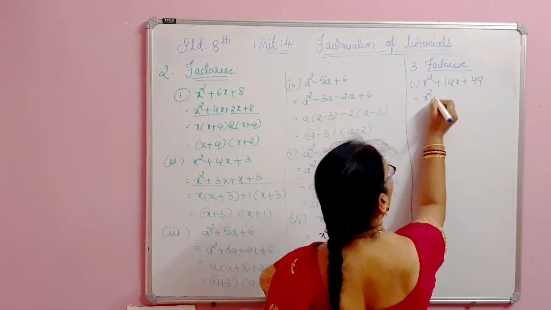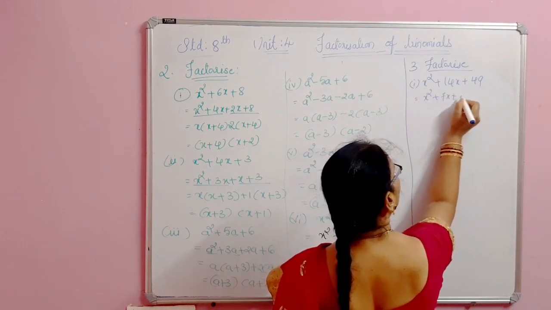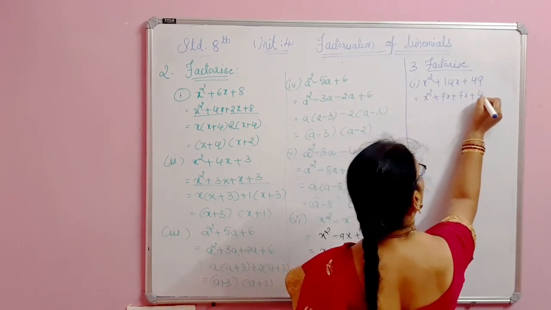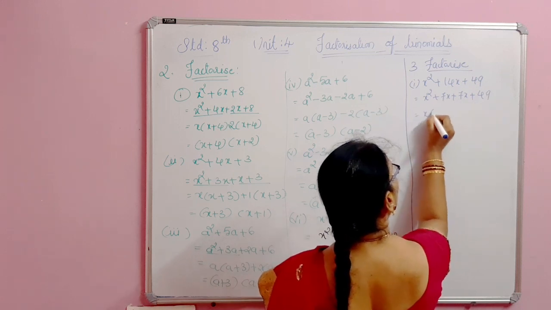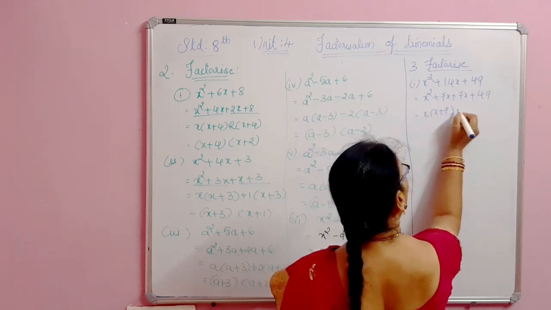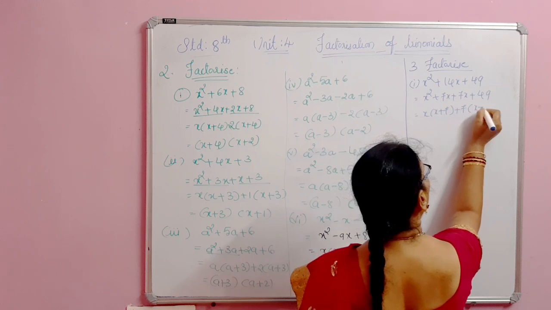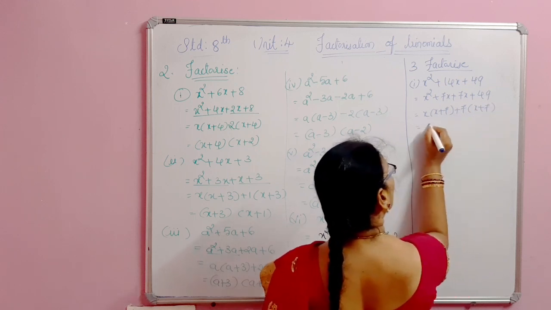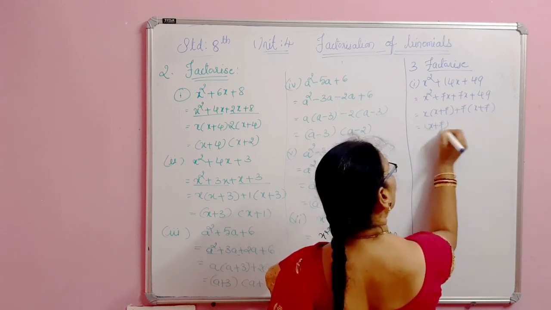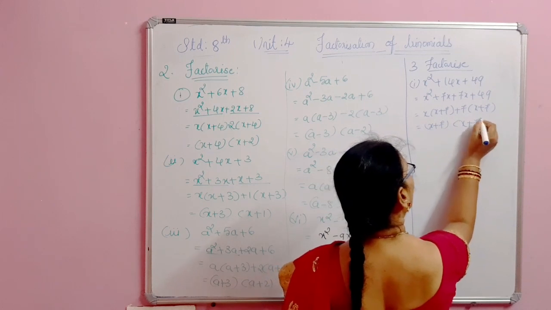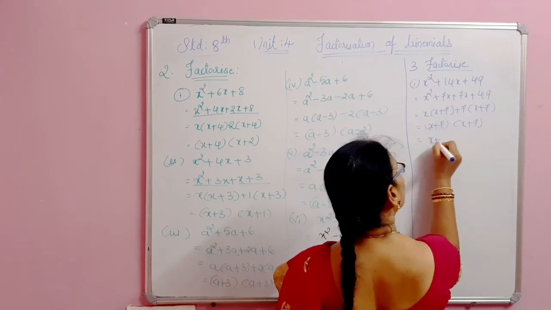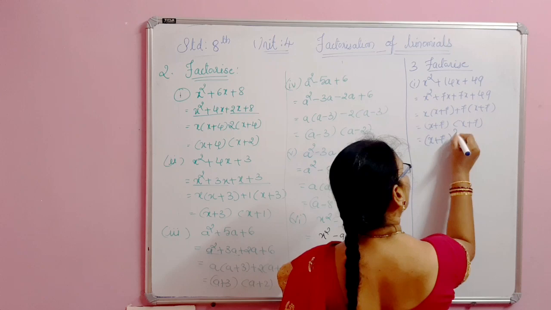So, x square plus 7x plus 7x plus 49. x is common, x plus 7, plus 7 is common, x plus 7. So here x plus 7, that is x plus 7 whole square.